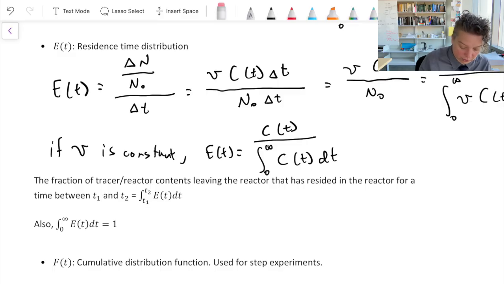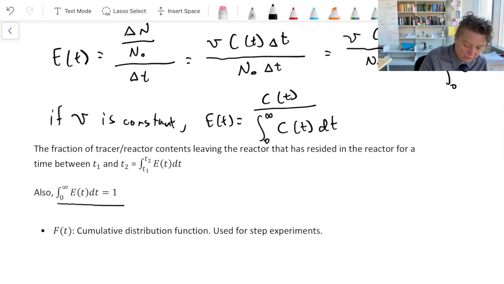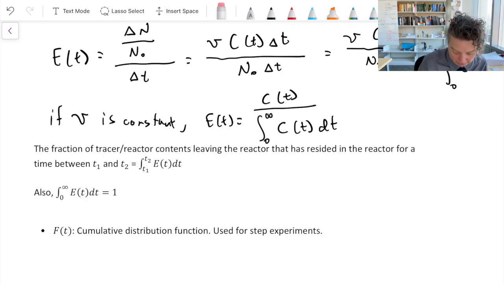Since the residence time distribution is basically a probability, if we sum up all of it from 0 to infinity, we should get 1. So by definition, the integral of the residence time distribution between t equals 0 and t equals infinity is equal to 1. In other words, all of the tracer must come out.